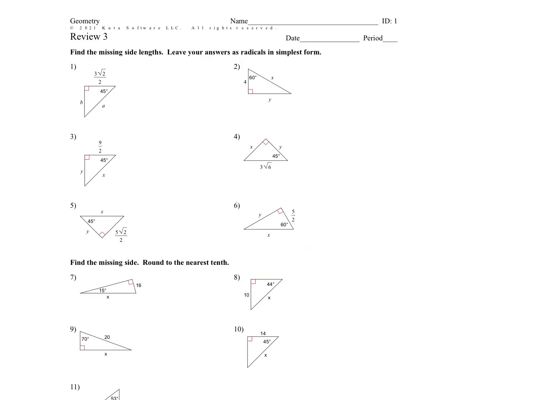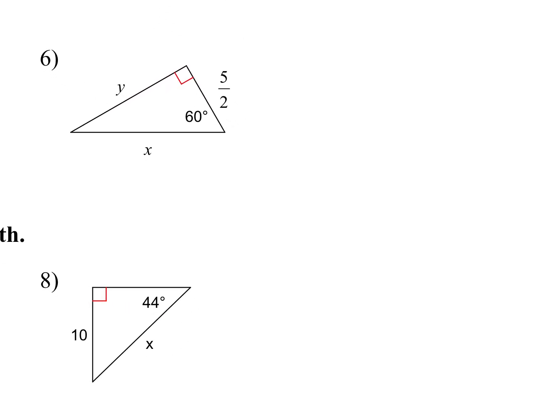And that's it. So it says find the missing side lengths, leave your answers as radicals in simplest form. So number 6 is a 30, 60, 90 triangle. So remember, we have 2 formulas we got to use with that. We have hypotenuse is equal to short leg times 2.